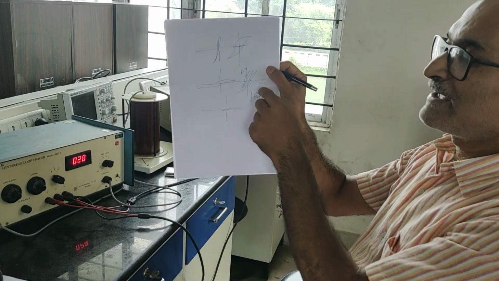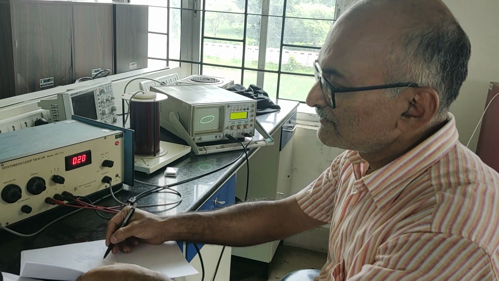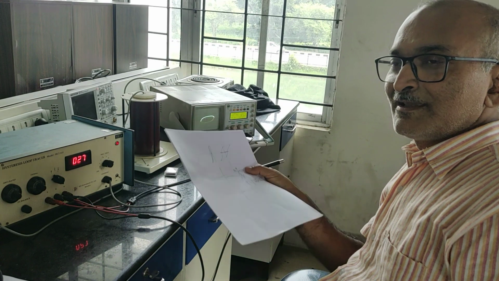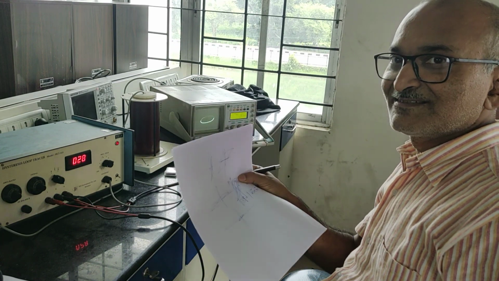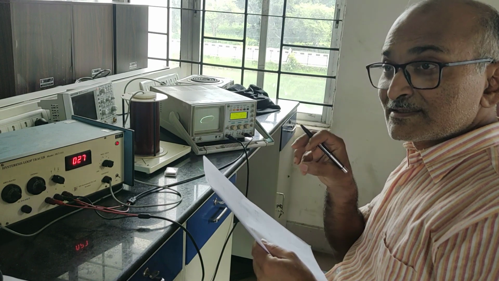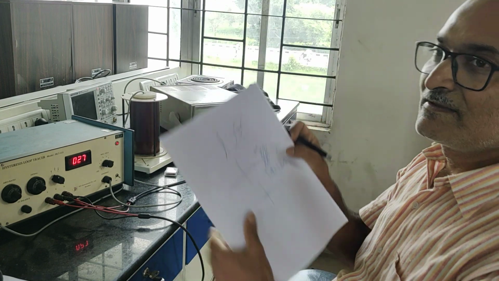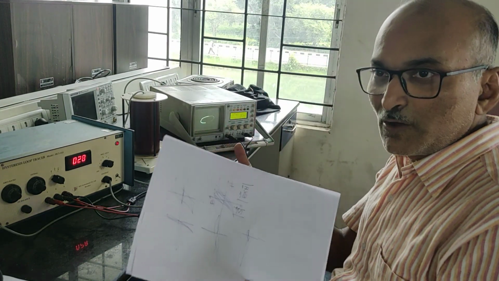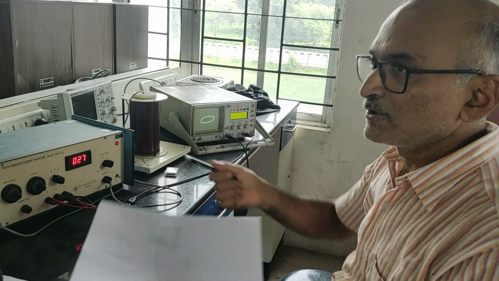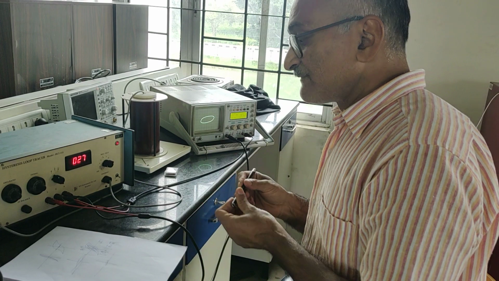This area under the curve gives me the magnitude of the Poynting vector, and the Poynting vector is the electromagnetic energy. So this area tells me the loss. How much is my loss in the process of getting it magnetized? So this is the background, this is the physics of it.